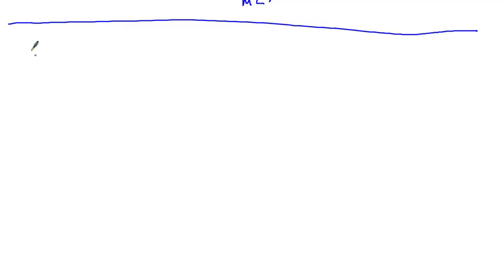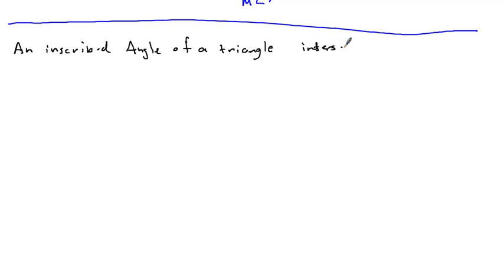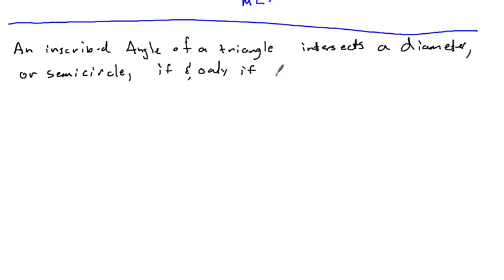An inscribed angle of a triangle intersects a diameter or semicircle, or if it intersects a diameter, that's kind of the same thing as a semicircle, if and only if the angle is a right angle. And again, these all make so much more sense when you see the picture.